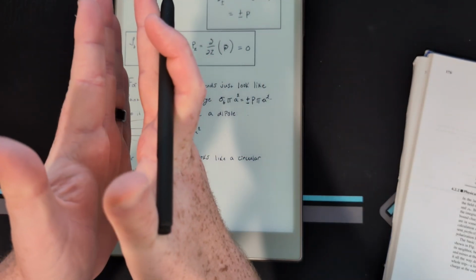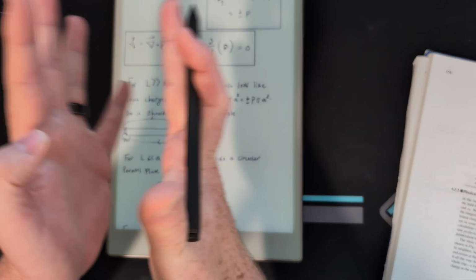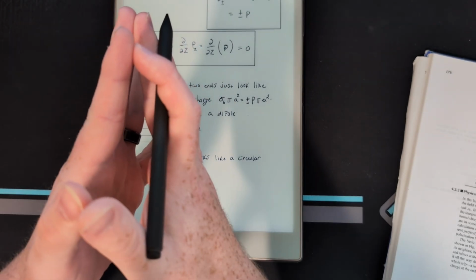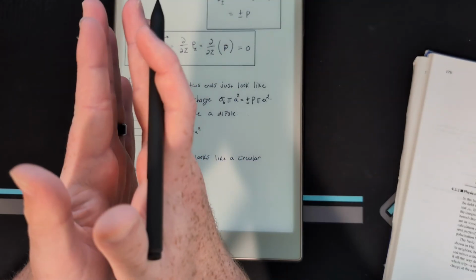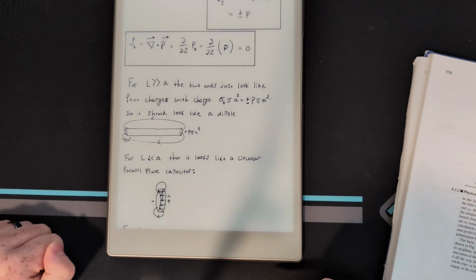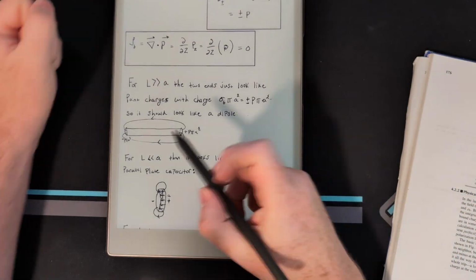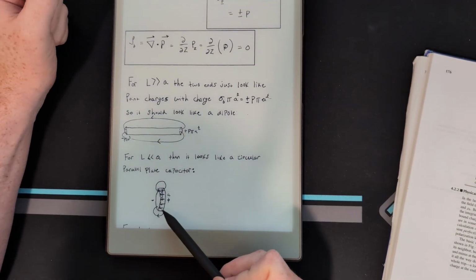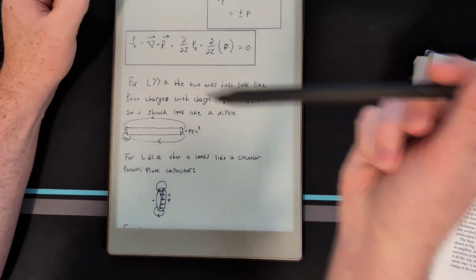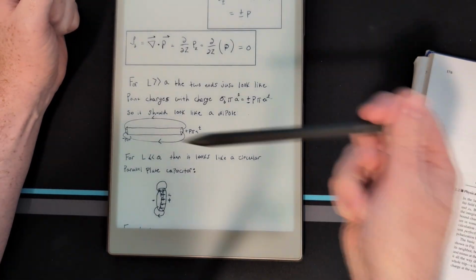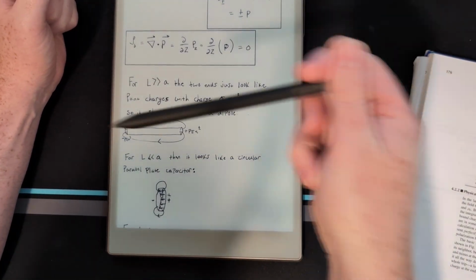You have these 2 charged ends very close together, because L is very small. And because A is very large, you get this capacitor-like structure where the field is going to be fairly constant between the 2 plates, the 2 ends of the cylinder.